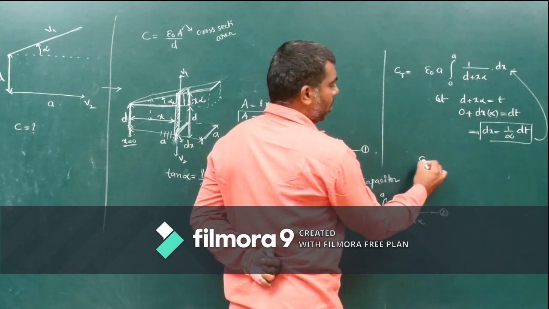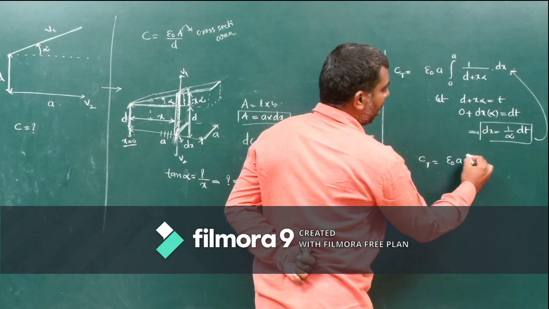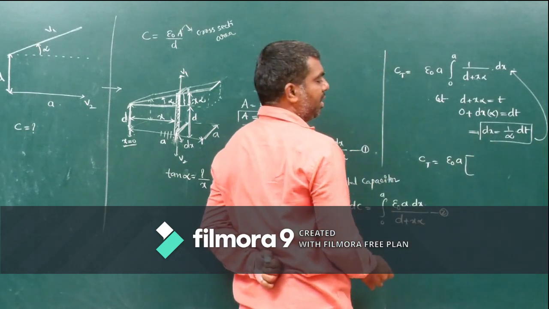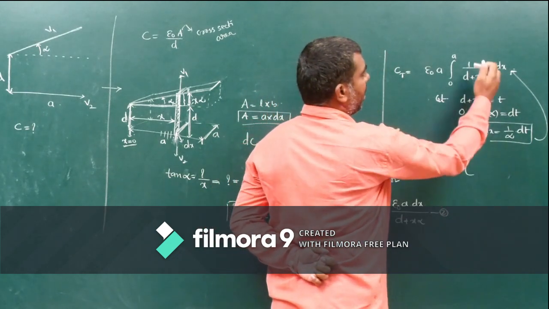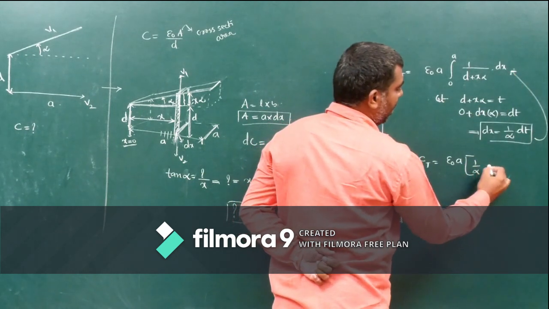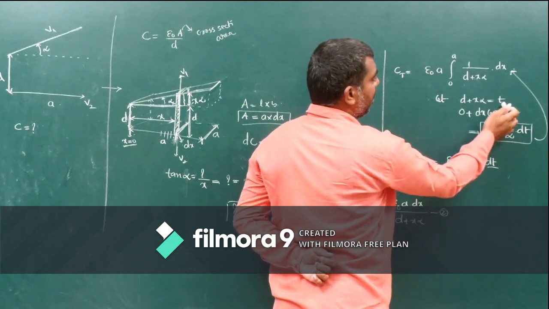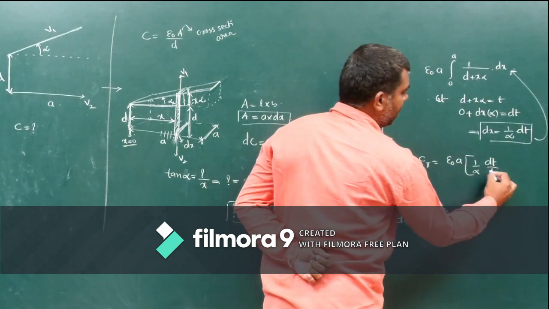Let us write this value in this equation. Now the total capacitance is equal to epsilon naught a of this total value. What is dx? dx means 1 by alpha dt, divided by d plus x alpha, which we have chosen as t.